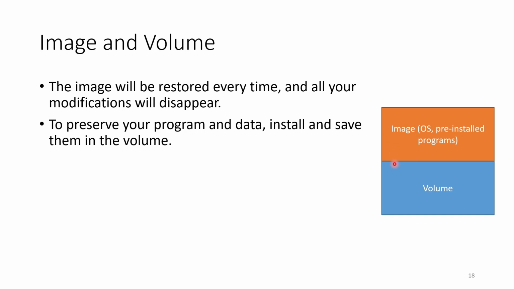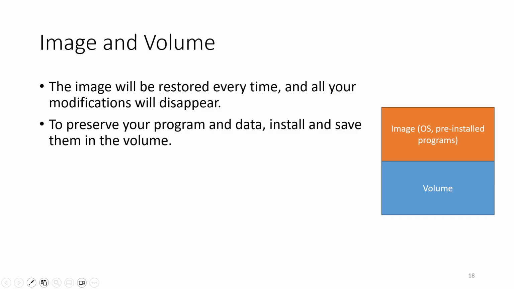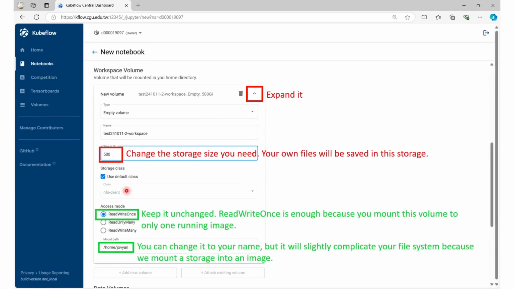So if you want to reuse some programs or save your data, please save them in the Valen folder or the Valen disk. So where is the Valen? The Valen is mounted in a folder. Here, this is the home Chih-Yuan.